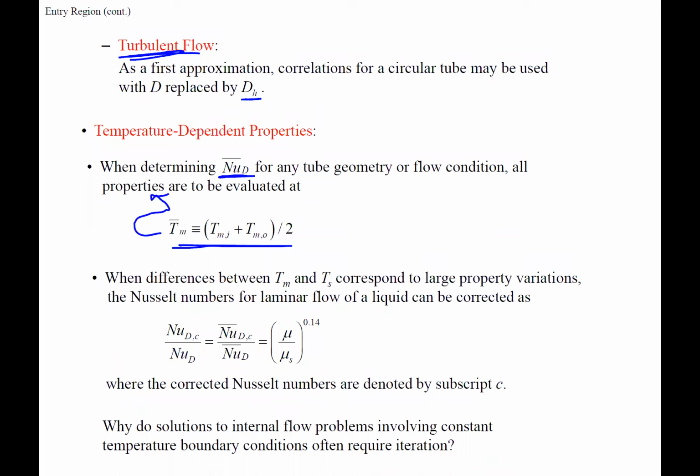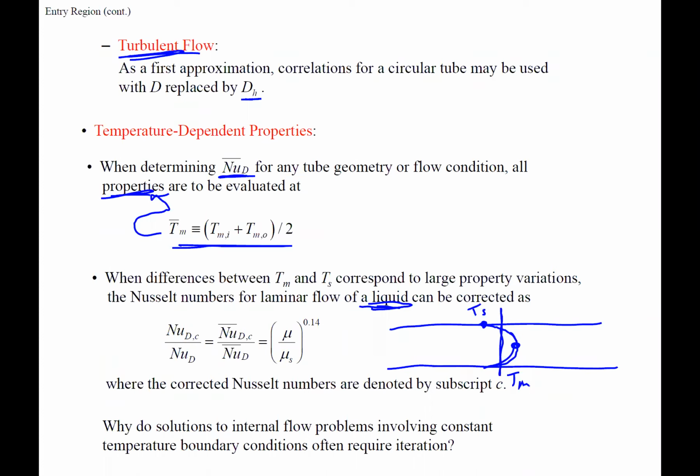There is a correction. Let's say we have a liquid, like oil. If you're looking at one point within this tube, you have your mean temperature here and your surface temperature there.